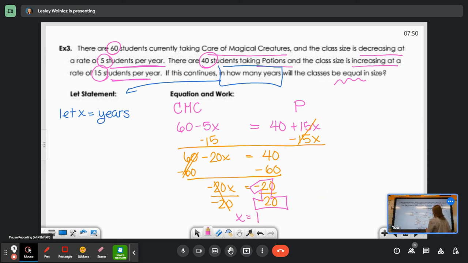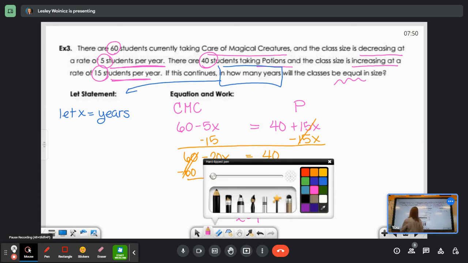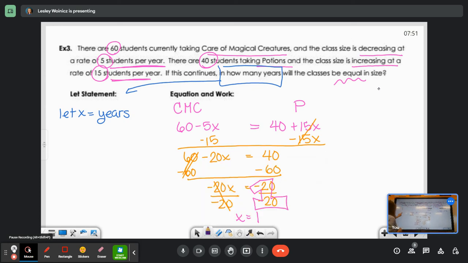So what's happening is this. Here's our Care of Magical Creatures. Here's our Potions. Here's the years, which is x.